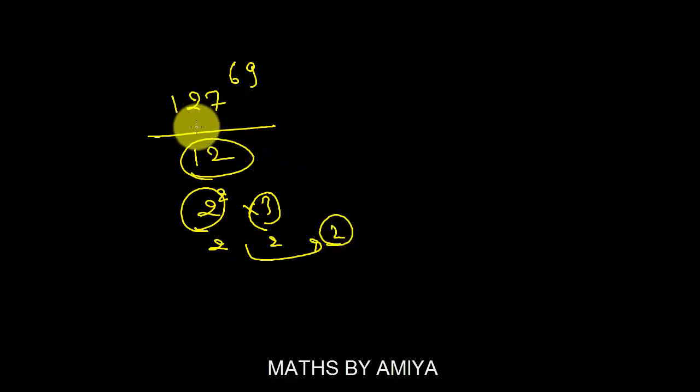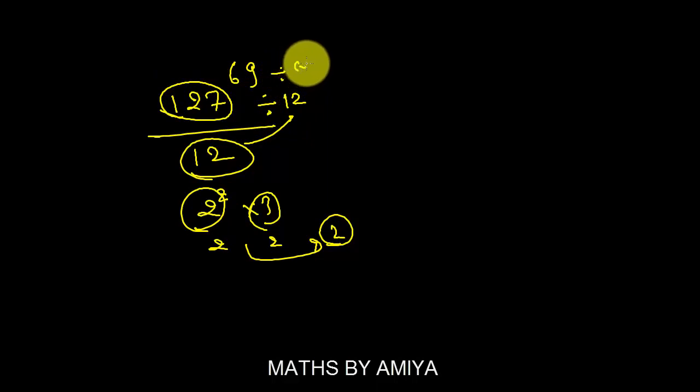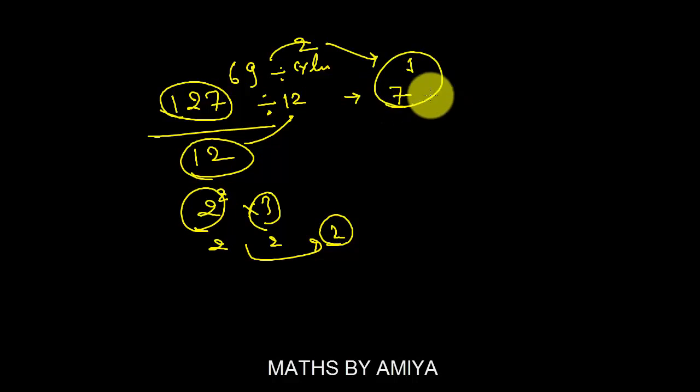So whatever you have, you just need to know the base should be divided by your divisor and the power should be divided by the cyclicity. When 127 is divided by 12, we have 7 left. The cyclicity is 2. When 69 is divided by 2, we have 1 left, so the answer is 7. So the concept of remainder by cyclicity is quite easy. You just need to follow.